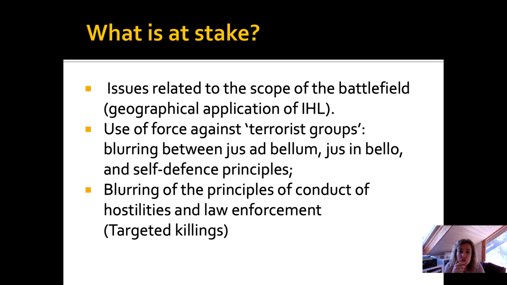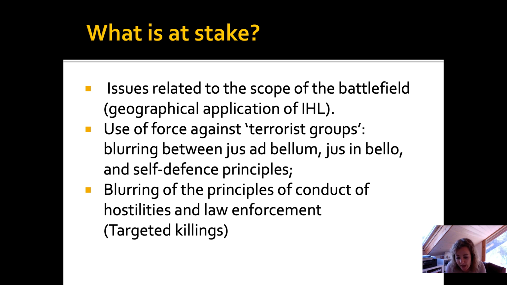There are other issues that are important when we talk about counterterrorism and IHL. It also blurs, it raises issues of the scope of the battlefield. And this is particularly true with regard to targeted killings, for example.